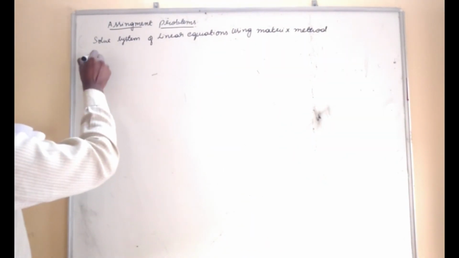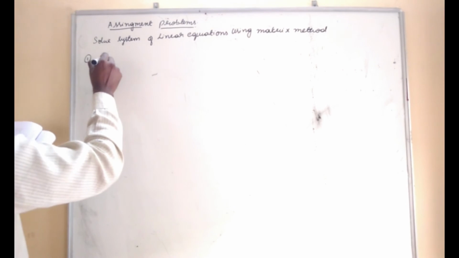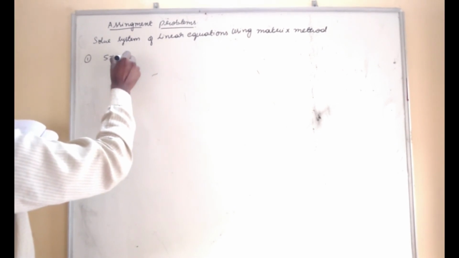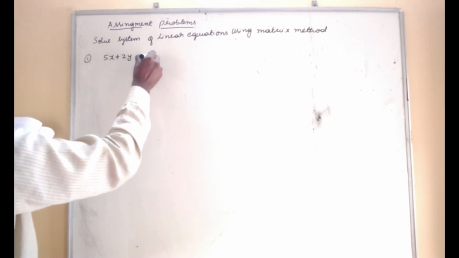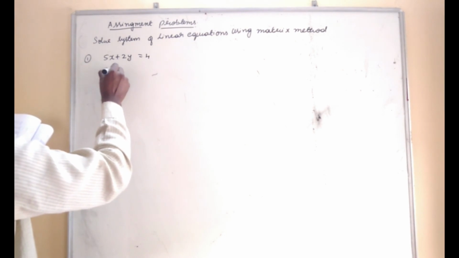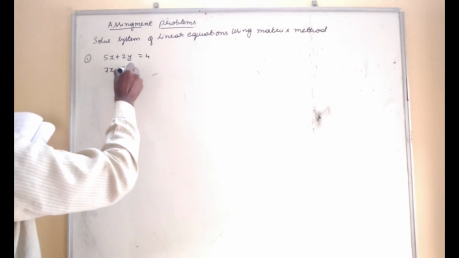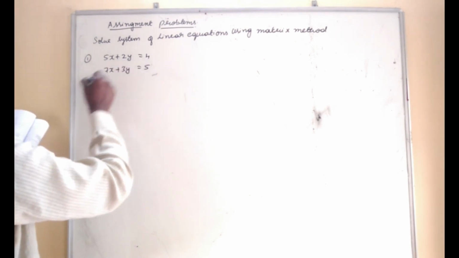The first problem is 5x plus 2y is equal to 4, 7x plus 3y is equal to 5.